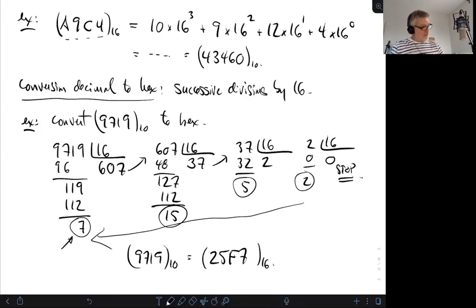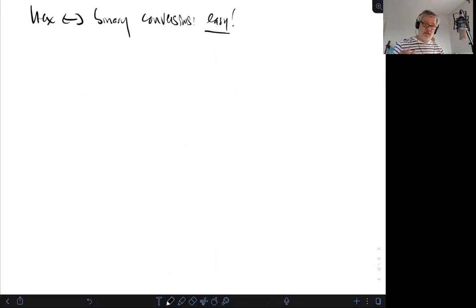Okay. So again, it's always the same thing. Now, about conversions to binary, this is super nice. So hex to binary and vice versa conversions. This is easy. The trick again, so let's write down the first hex digits: 0, 1, 2, 3, 4, 5, 6, 7.